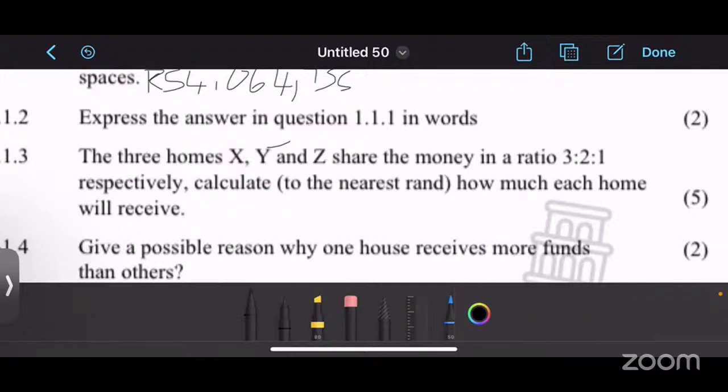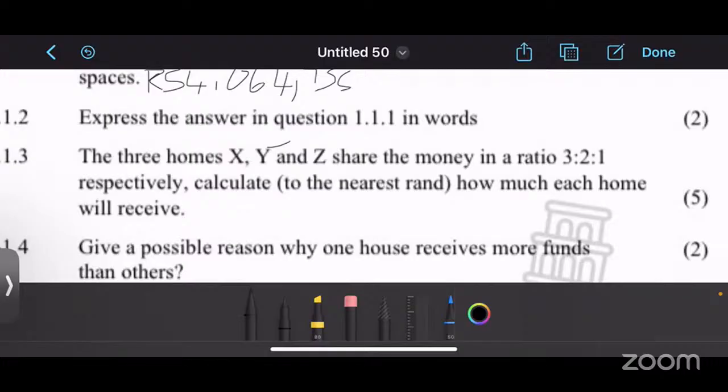If you take the 54 million and divide it by 6, then you get 9,010,792. Then I would times that by the 3, the 2 and the 1. And the answer that I get, I round off to the nearest rand.